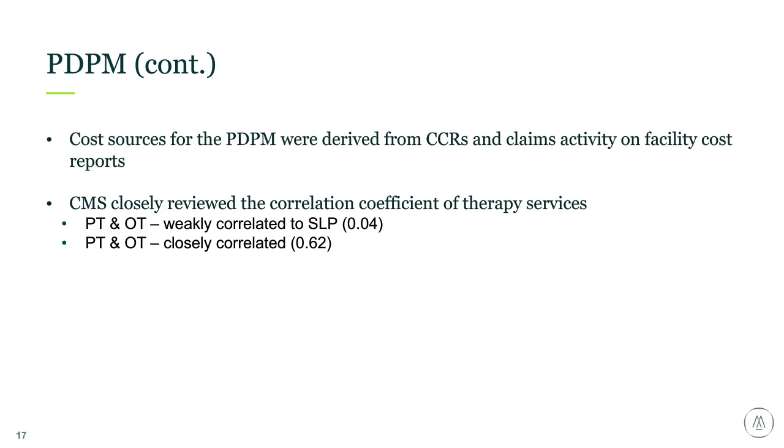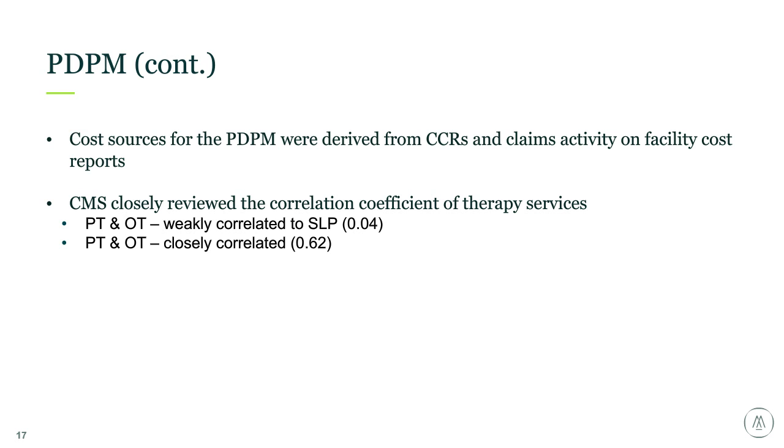One thing to note with PDPM is that CMS also did correlation studies between PT, OT, and speech language. It was interesting, and this goes back to the comment of how they ended up coming up with those percentage splits, that they noticed that when physical and occupational therapy were being provided together, there was a weak correlation that speech language pathology was also required, only 0.04% of the time.